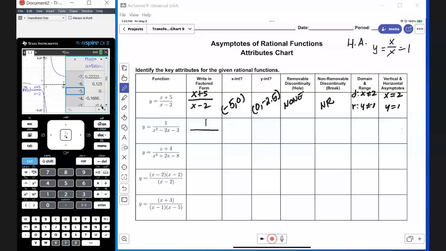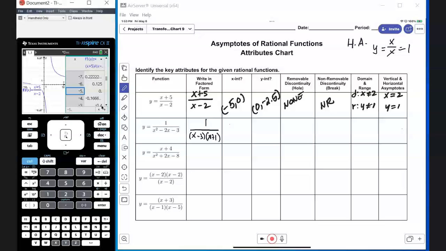How do you factor x squared minus 2x minus 3? What are the factors of negative 3? Negative 3 and what? 1. Okay, so what are the factors in the denominator? x minus 3, x plus 1.